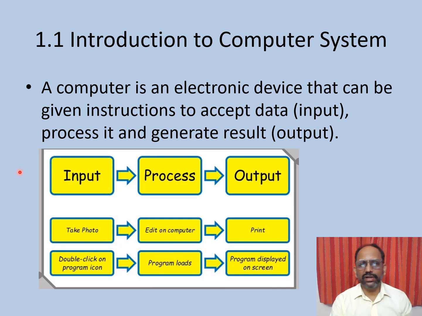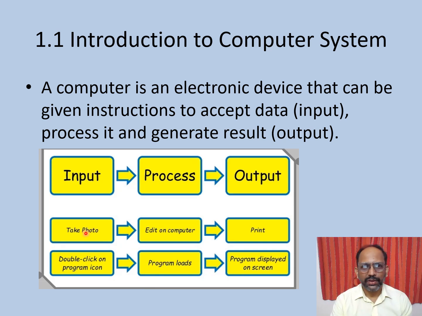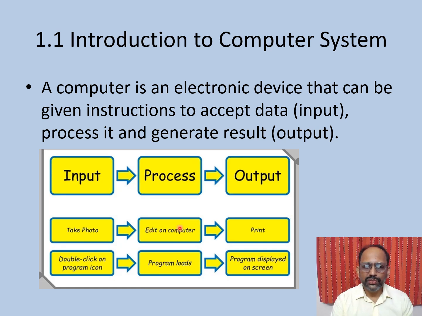In terms of computer operation, let me explain. Suppose I have a photo. I want to make changes in the photo. What will I do? I will input that photo into the computer using graphic software. I'm going to make suitable changes in the photo. Then I will get the required photo. So what is my input here?